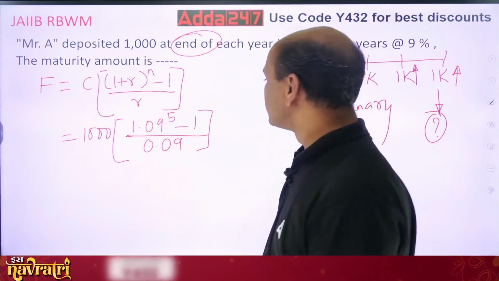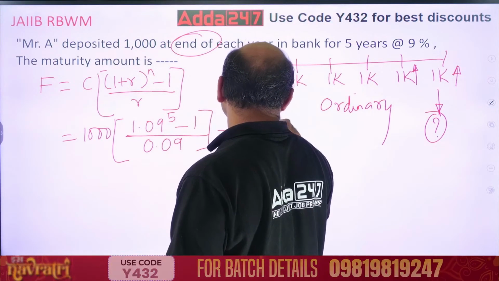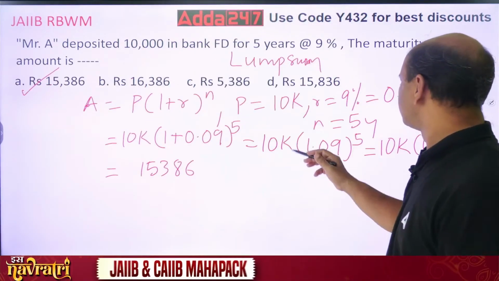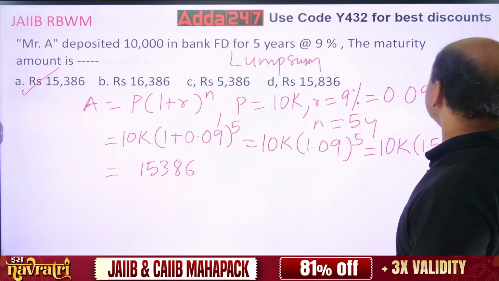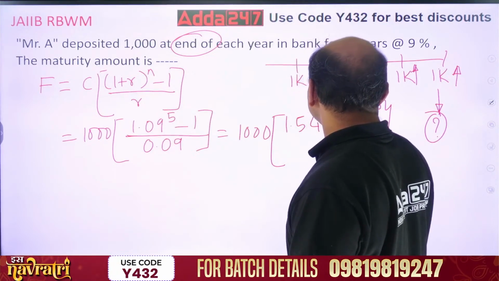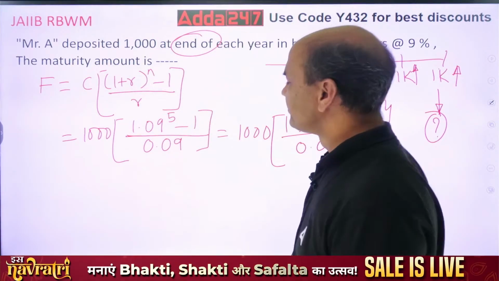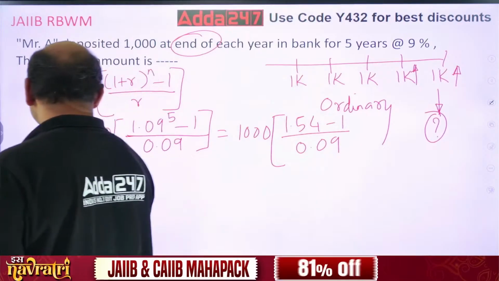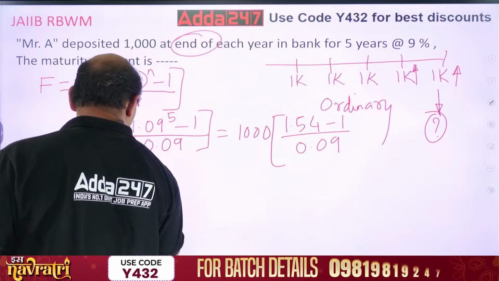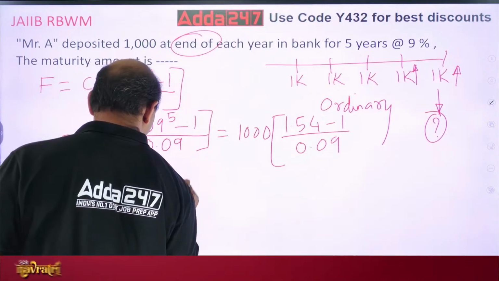Got it? So that is equal to what now? So 1000 into, solve it. Everyone solve this now. This answer you have already got in the earlier problem. What was it? 1.54, right? So 1.54 minus 1 the whole upon 0.09. So that is equal to 1000 into 0.54 divided by 0.09.